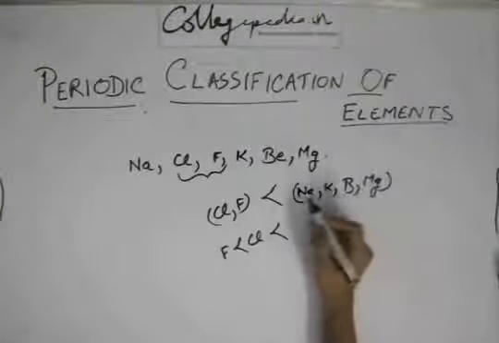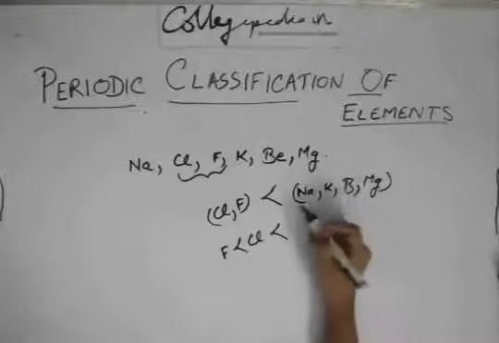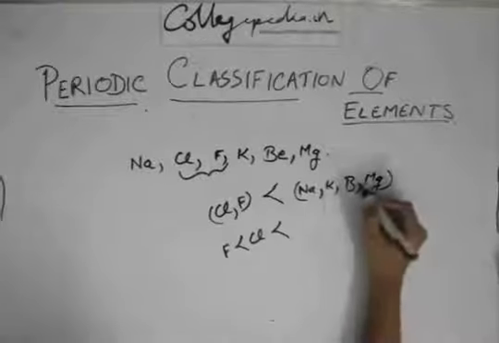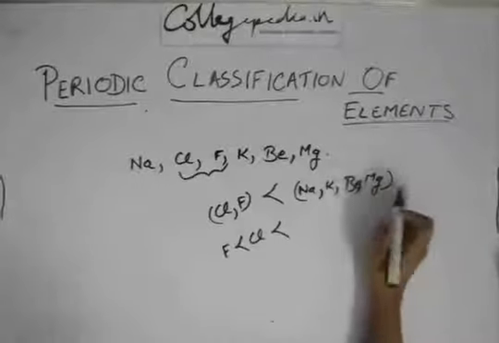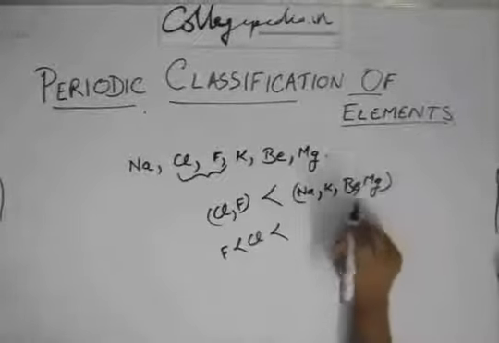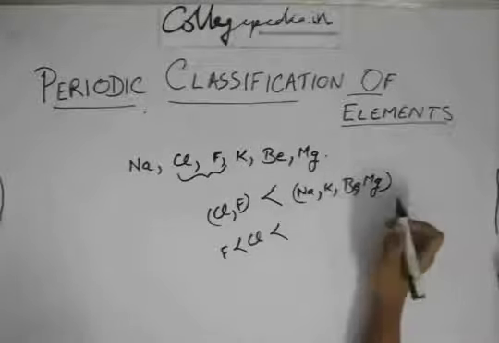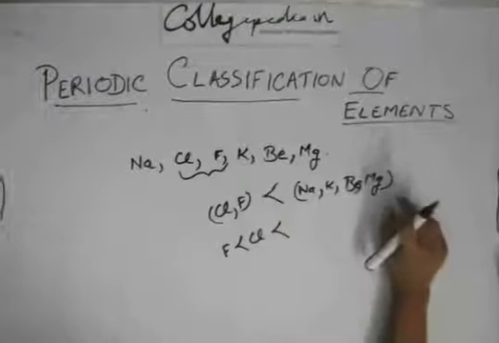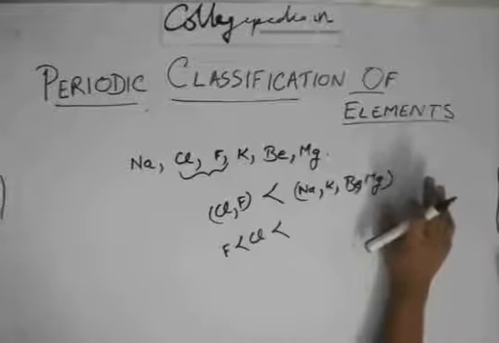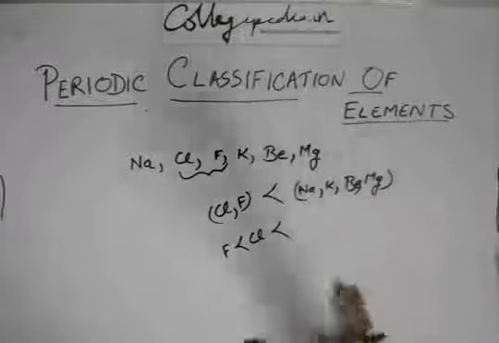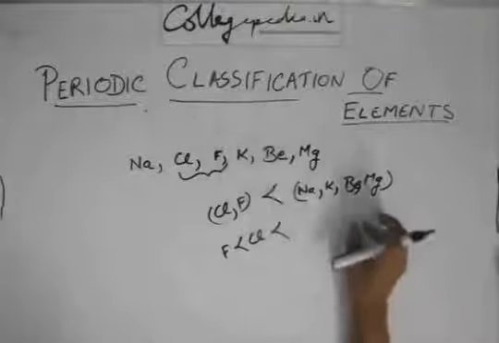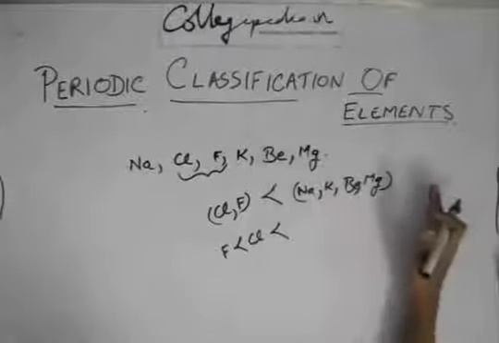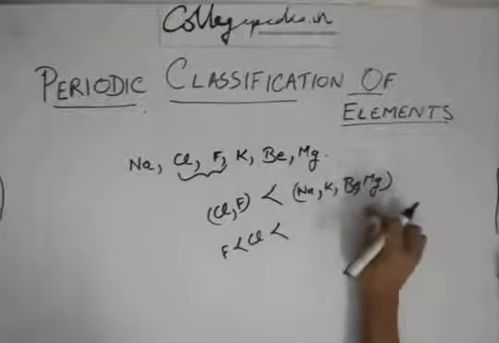Now see, sodium and potassium all have one electron each, and this is not boron, this is beryllium. Beryllium and magnesium have two electrons each. Since size decreases along the period, beryllium and magnesium would be comparatively smaller in size than sodium and potassium, because this is period 1, this is period 2.